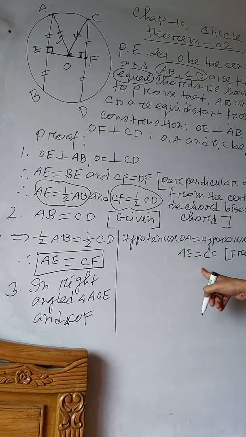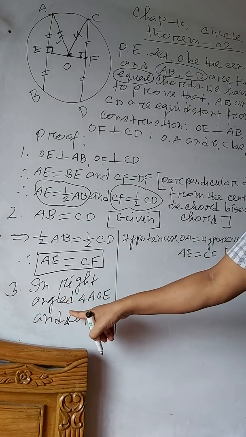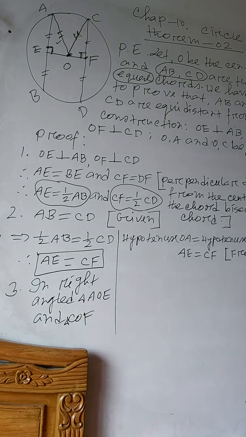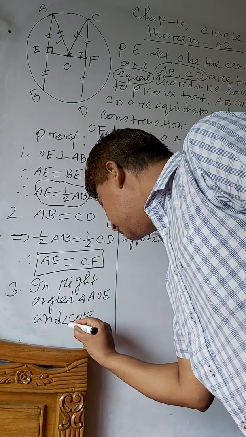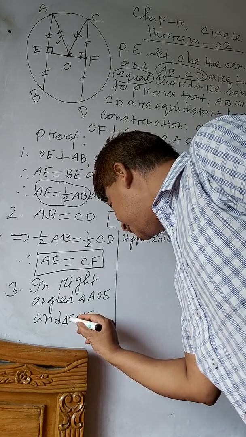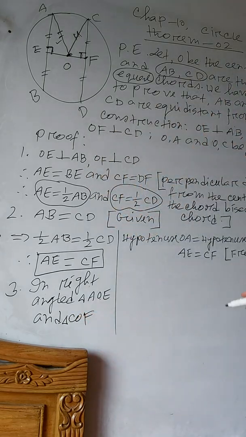So easily we can say that the two triangles, AOE and COF, are congruent.